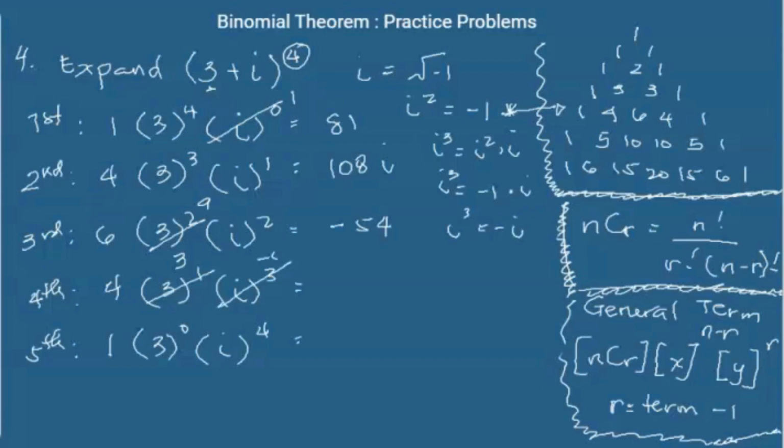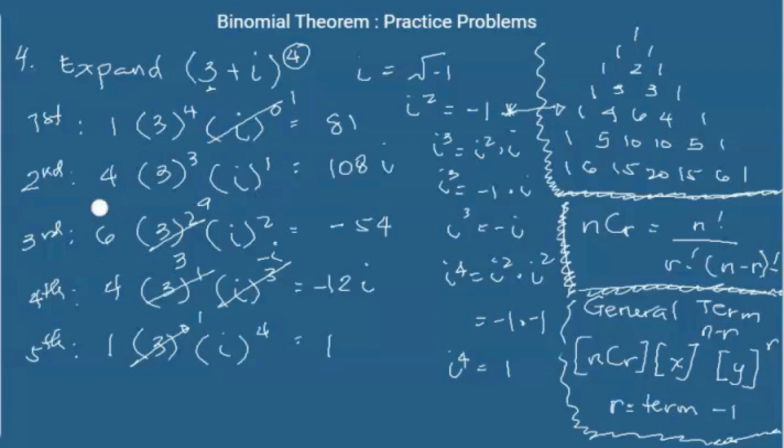So we have negative 12i. Fifth term, 3 raised to the 0 power is 1. i to the 4th is equal to i squared times i squared, which is negative 1 times negative 1, so i to the 4th is equal to 1. So 1 times 1 times 1 is 1.